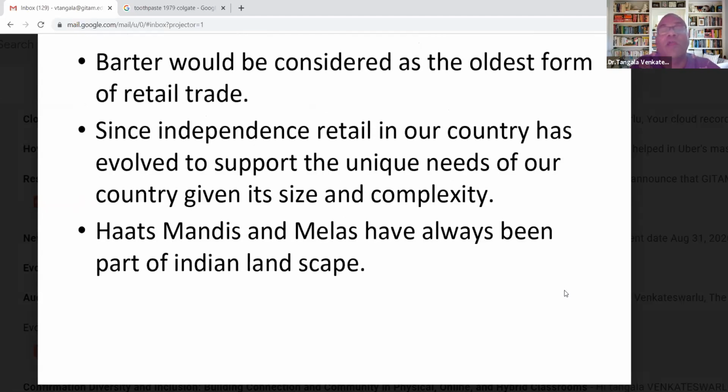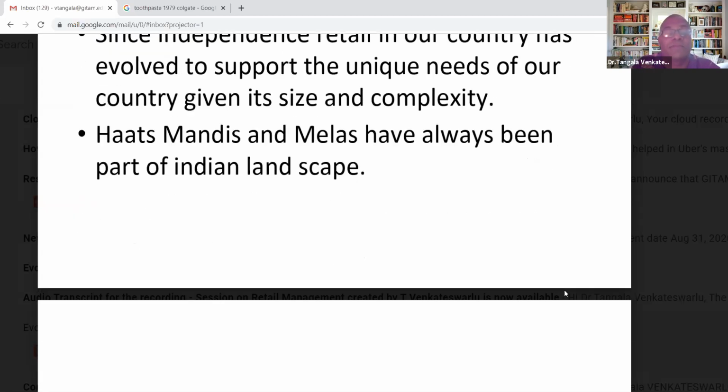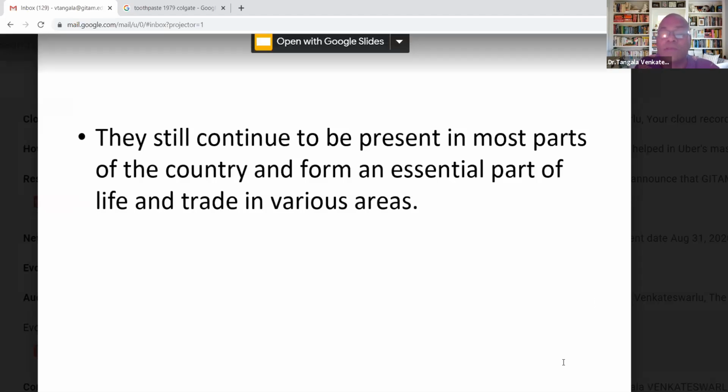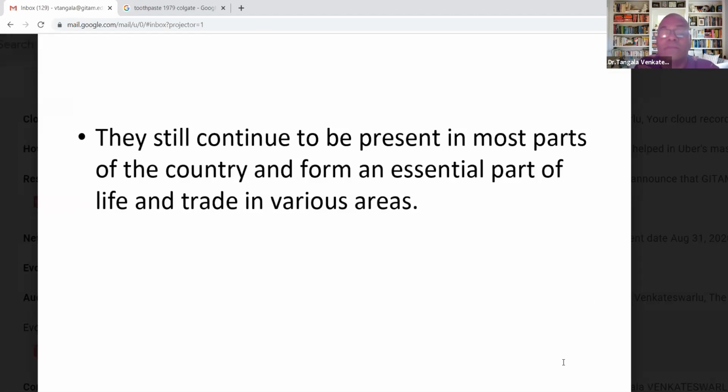We will discuss in detail what these haats, melas and mandis are. Even in Visakhapatnam, Vizianagaram or Hyderabad, you can see these formats present even today. Mandis exist, melas are happening, and you can see haats. What you call haat in Hindi, in Telugu it is called Santa.